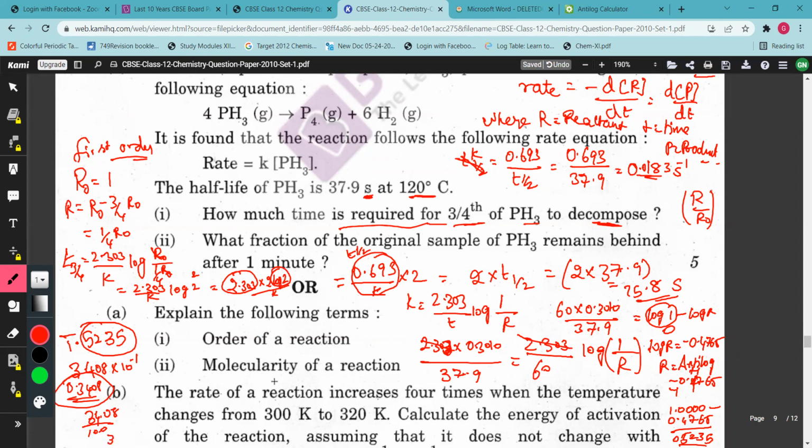Sometimes if they ask in percentage, you will say 34.08% of the sample is left out unreacted. Or we can say the fraction left out is 0.3408 part of the original sample left out unreacted.